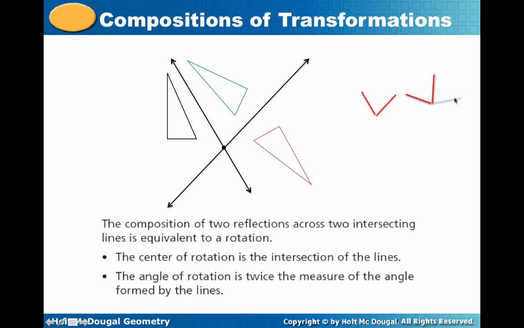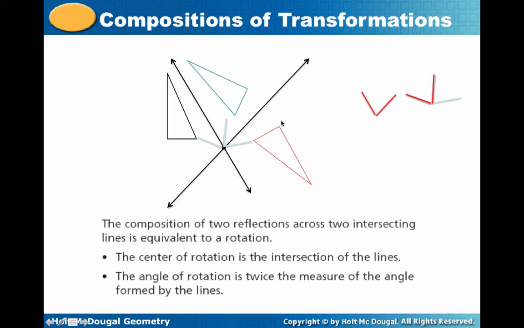That's 1 times the angle, and if you put them next to each other, you've got 2 times the angle. And now you move that over here, you can see that the angle of rotation from the first image to the final image is equal to double the measure of the angle between the original lines.